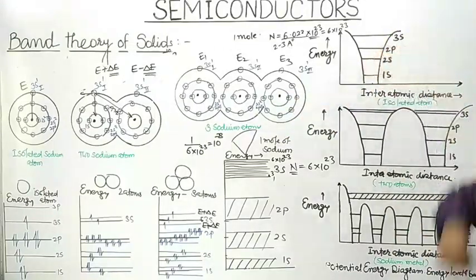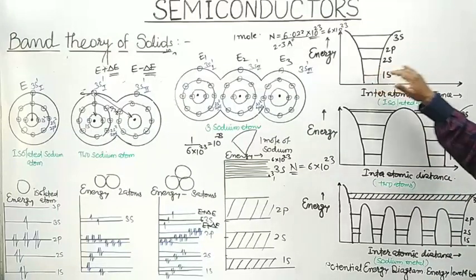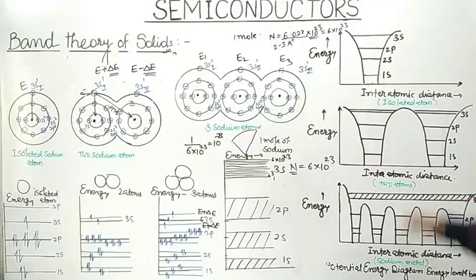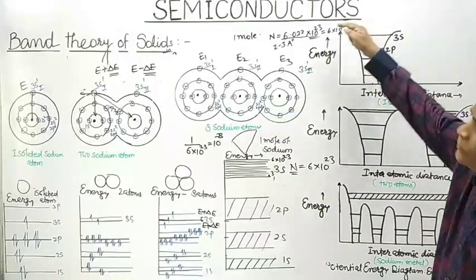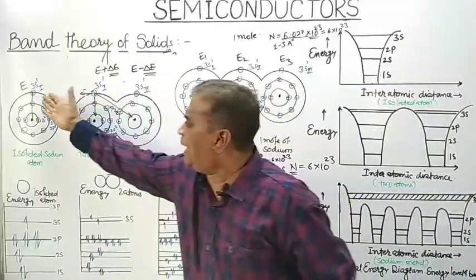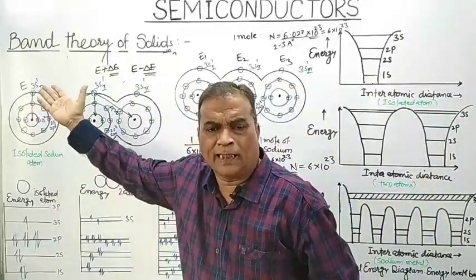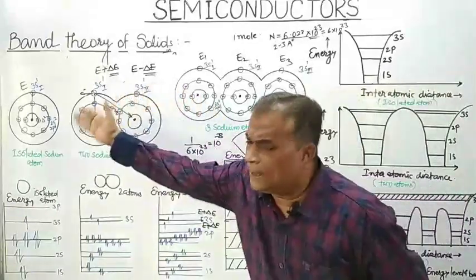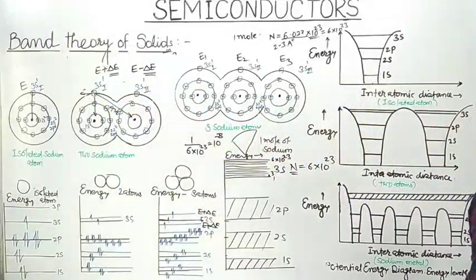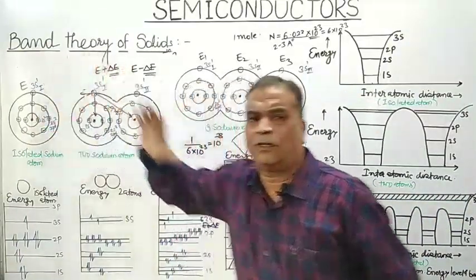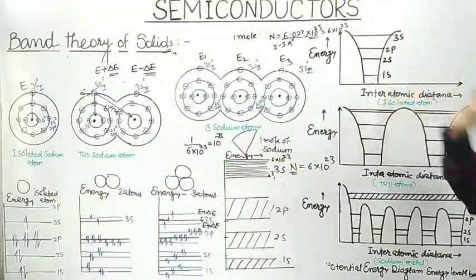These horizontal lines represent the allowed energy levels of an isolated sodium atom, while these curved lines represent the potential energy of an electron which is near the nucleus, due to Coulombic interaction between electron and the positively charged nucleus.